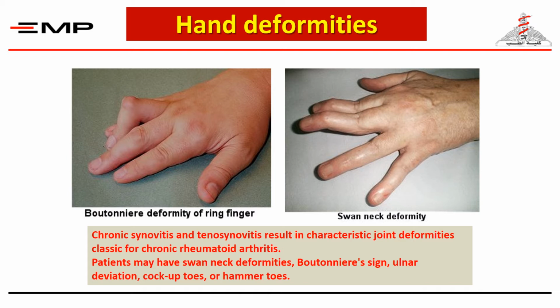That is the picture on the left side, but the picture on the right side shows swan neck deformity in the index and middle fingers. This is the swan neck in the form of flexion of the distal interphalangeal joint and hyperextension of the proximal interphalangeal joint.